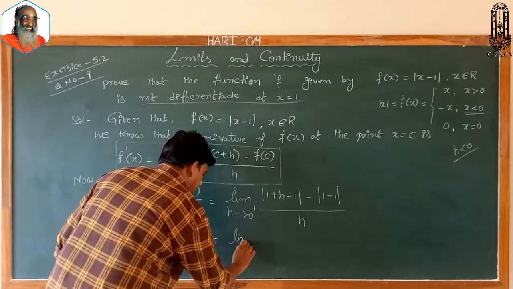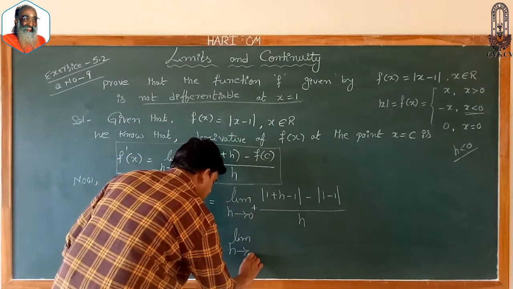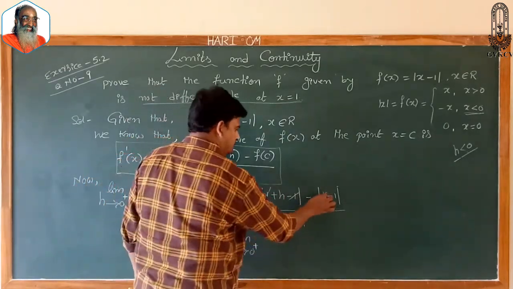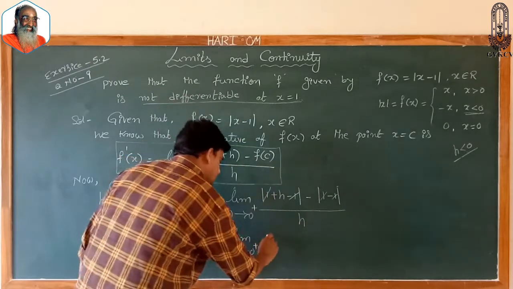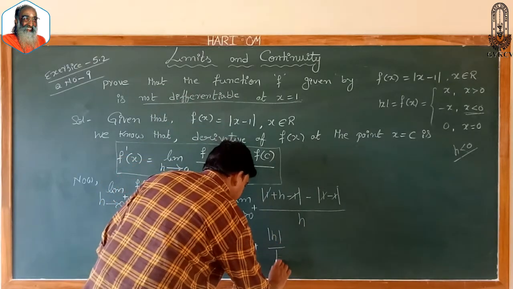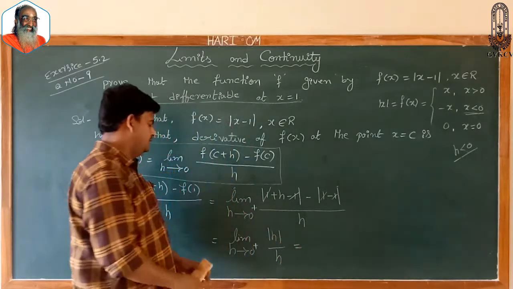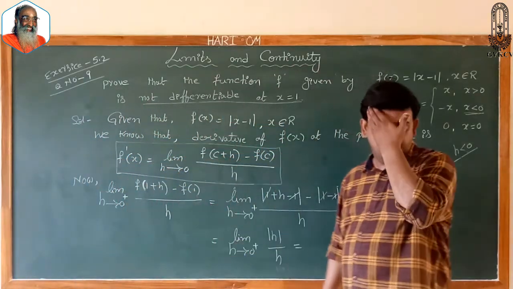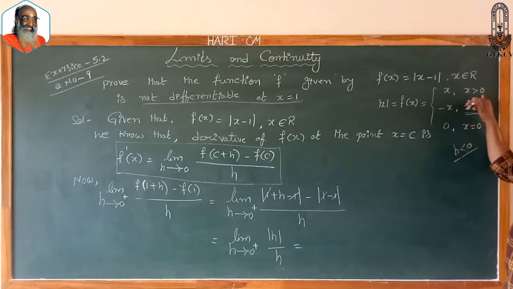Here 1 minus 1 cancels, and 1 minus 1 also cancels. We have modulus of h by h, with h tends to 0 plus, the right hand limit, which in the sense means h greater than 0.